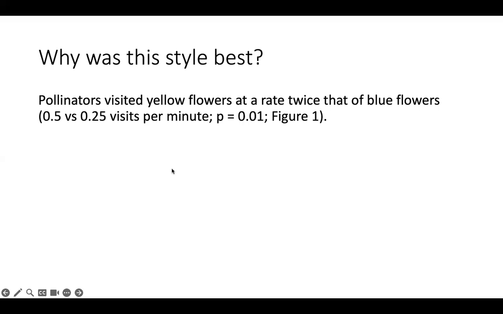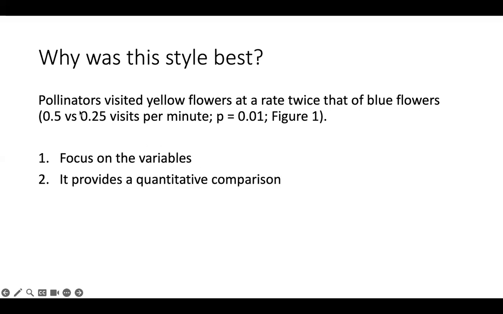So first, this statement focuses on the variables themselves. The variables being the response variable being pollinator visitation rate, and the treatments being blue and yellow flowers. Variables are the core of your study. They're what you're asking questions about, and it's important your results focus on them, because that's what a graph does.